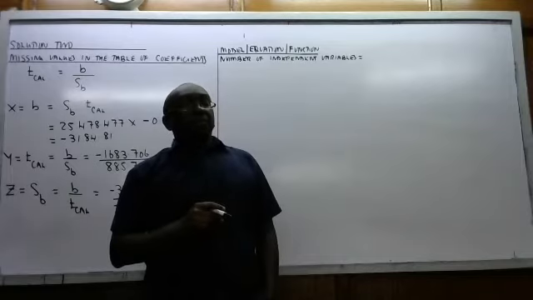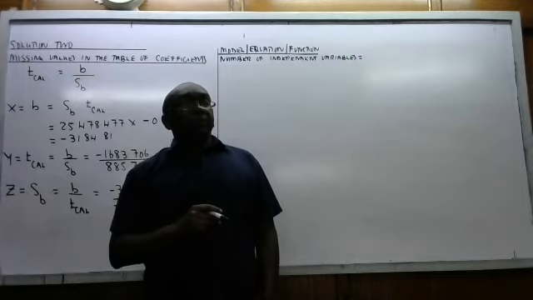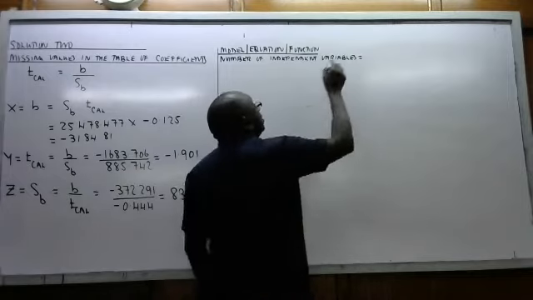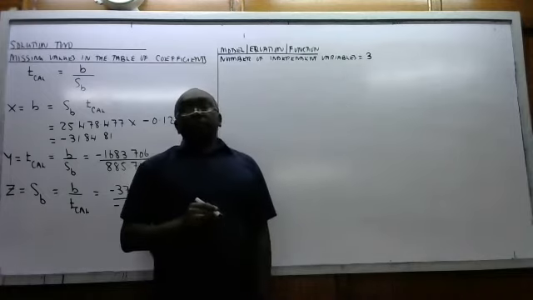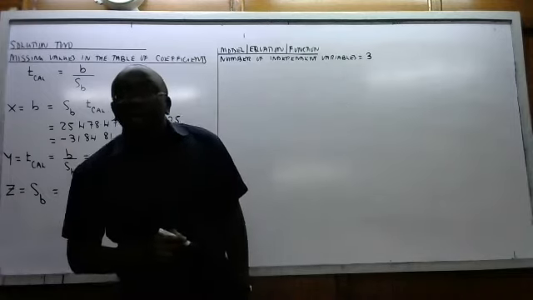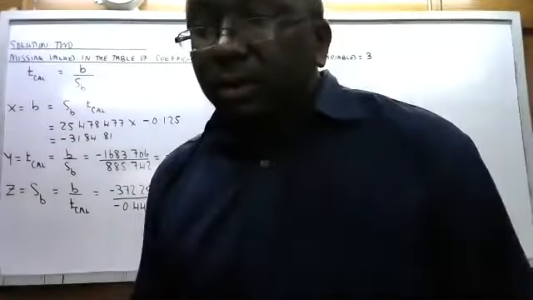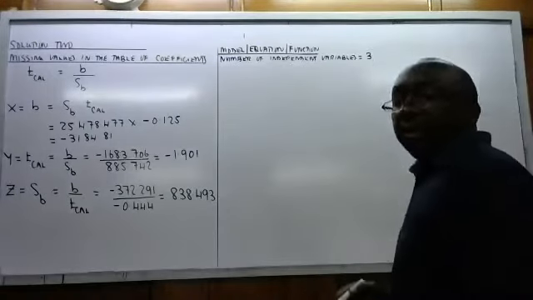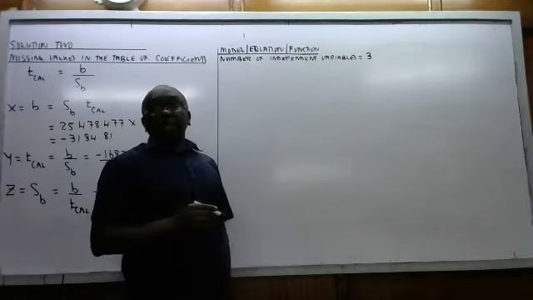Who shows the number of independent variables? The regression, yeah, after regression, DF. It is 3. Hope you have gotten that.